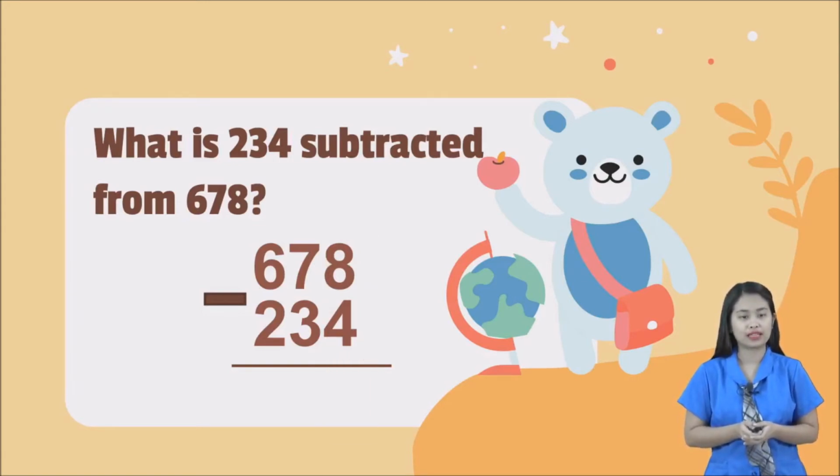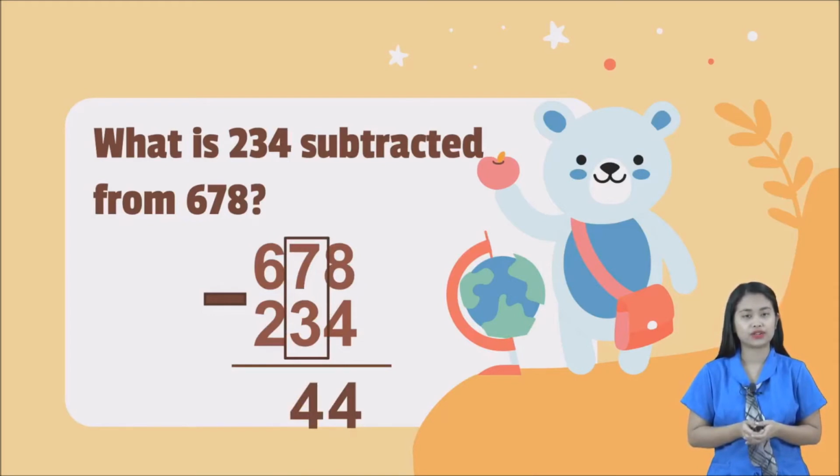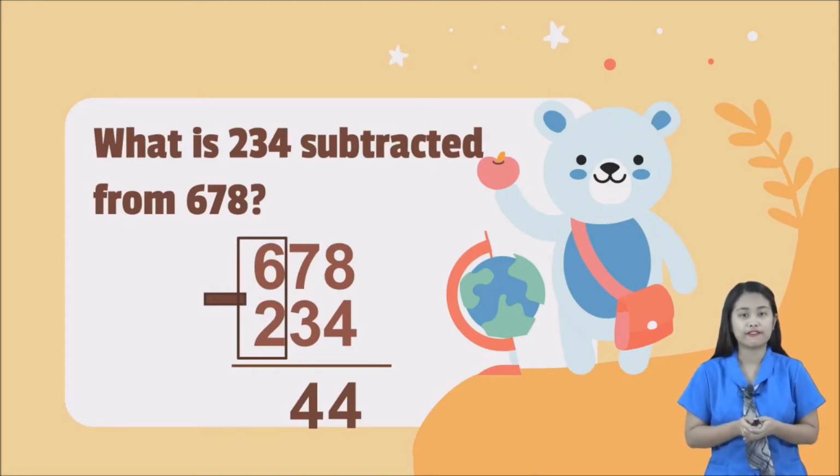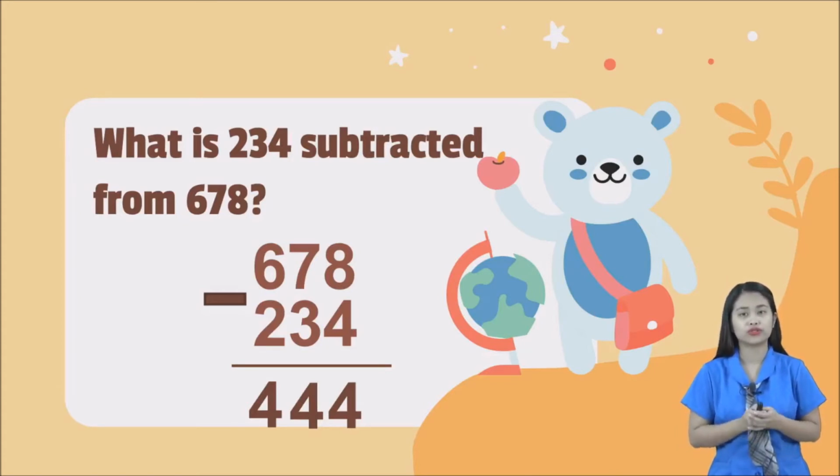So we have the answer as 4. Next, in tens, 7 minus 3. We have the answer 4. And last one, for the hundreds place value, we have 6 minus 2, and that is 4. So 678 minus 234 is equal to 444.